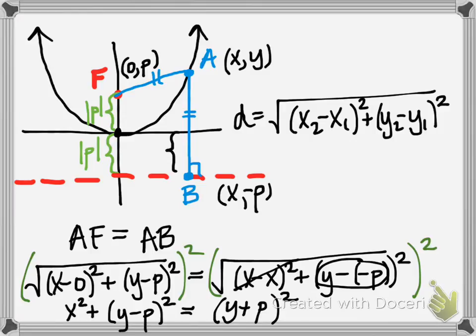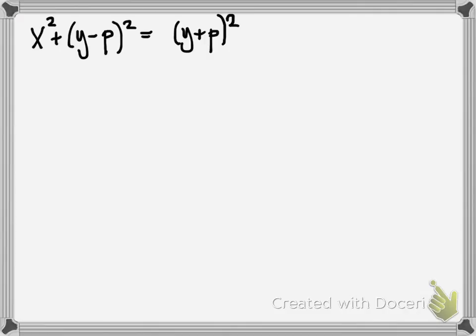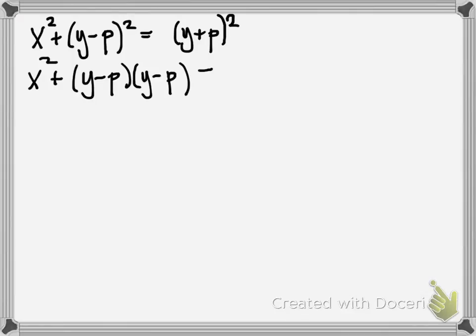So now let's go ahead and multiply out the left and the right-hand side to see if we can combine some like terms. So x squared plus y minus p, the quantity squared, will change to y minus p times y minus p. Same with the right-hand side, y plus p times y plus p.